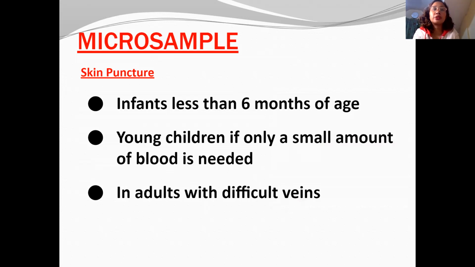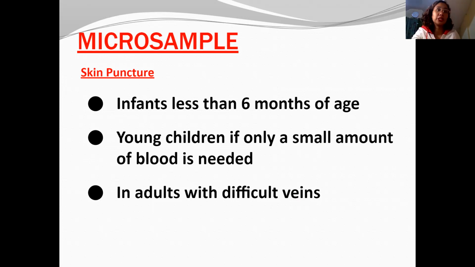It is a need in the laboratory, because there are some patients from whom you don't need to get a large volume of blood, especially newborns up to 6 months of age. You don't want to get too much blood from young children, and adults with difficult veins. Examples are chemotherapy patients, obese patients, patients with a lot of IVs already in their arms, and burn patients. Don't make them suffer, and don't make it hard on yourself, just microsample, okay? Back then, our gunshot wound patients, you don't need to get a lot of volume of blood.